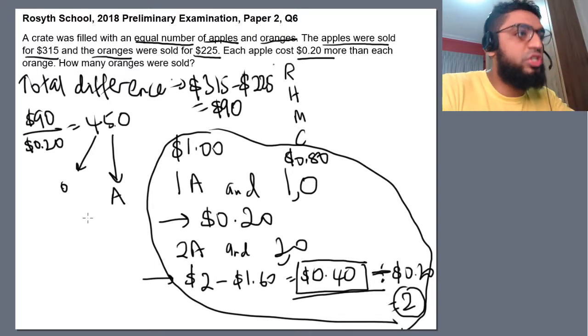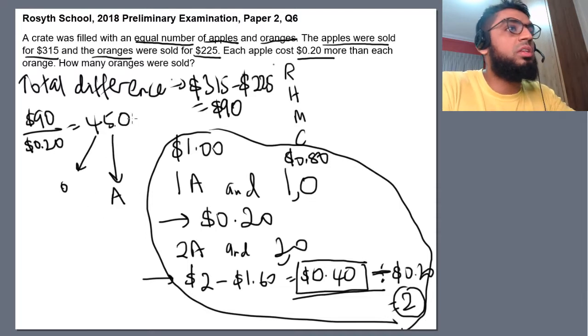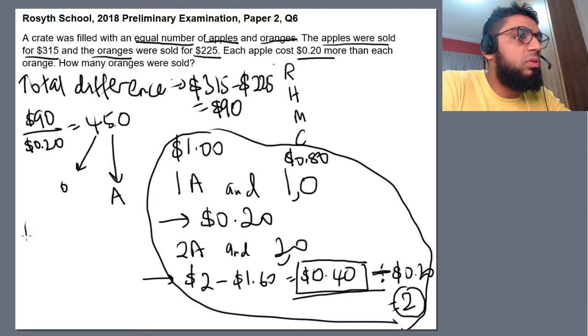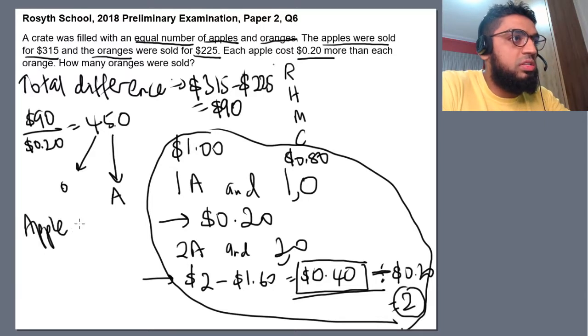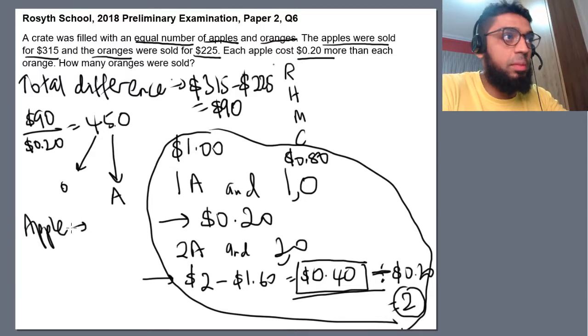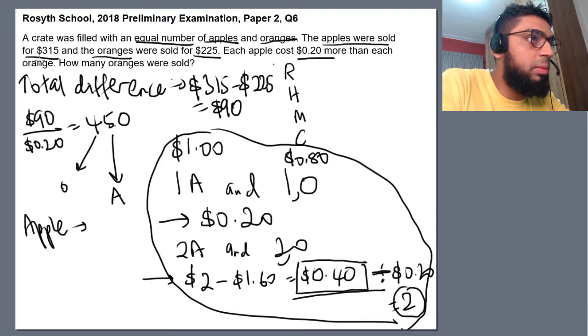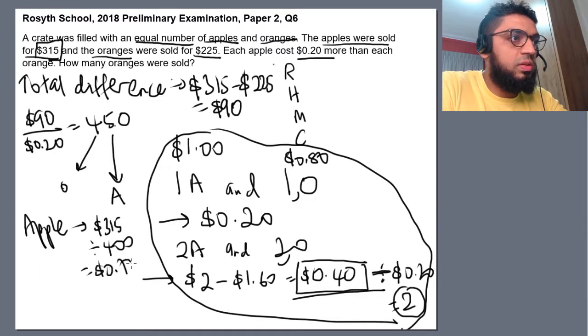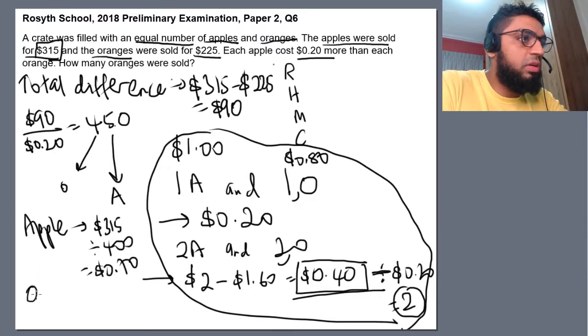Now, how do we check our answer? We can check our answer by finding the cost of each apple. Since I know that I sold 450 apples, and I have the total amount of apples sold, which is $315, I can do a simple division. 315 divided by 450 gives me 70 cents. Oops, earlier I said 400, but it should be 450, not 400. Please take note. And I do the same thing for oranges.